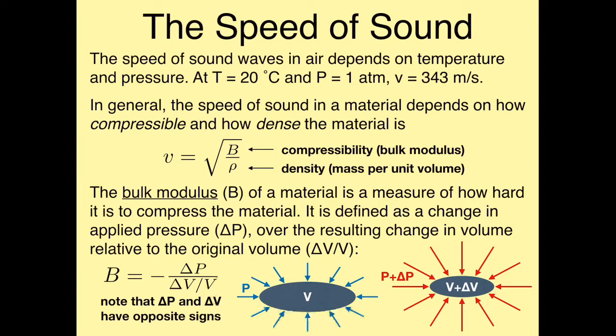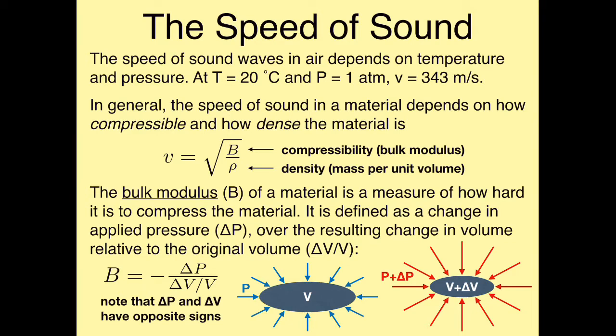So the picture you should have in your mind when it comes to bulk modulus is this. You've got some material here, and the original volume is V. Right now, there's some pressure, P, being exerted on that material. Now, let's say we increase the pressure, so we have P plus delta P, more pressure than before.